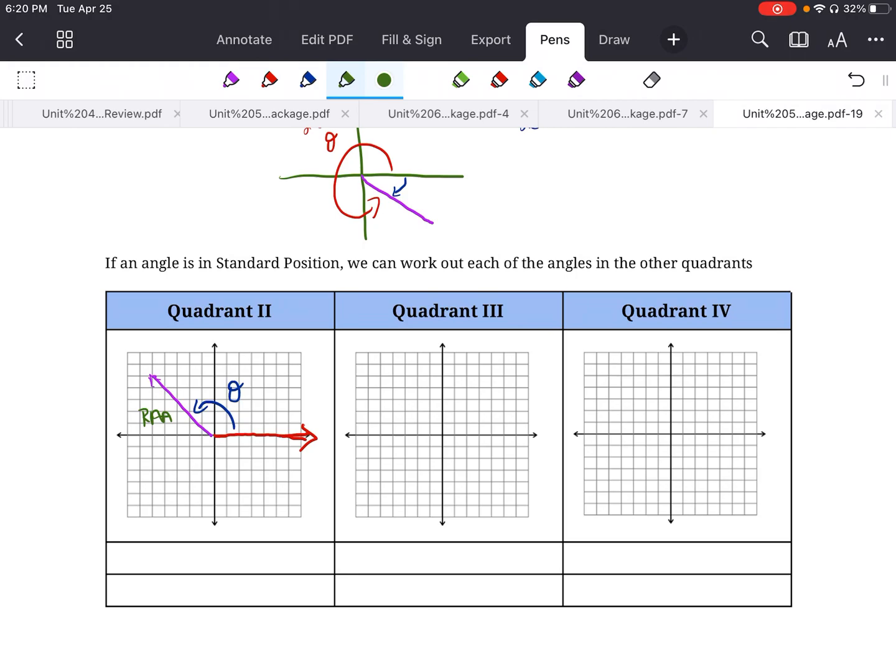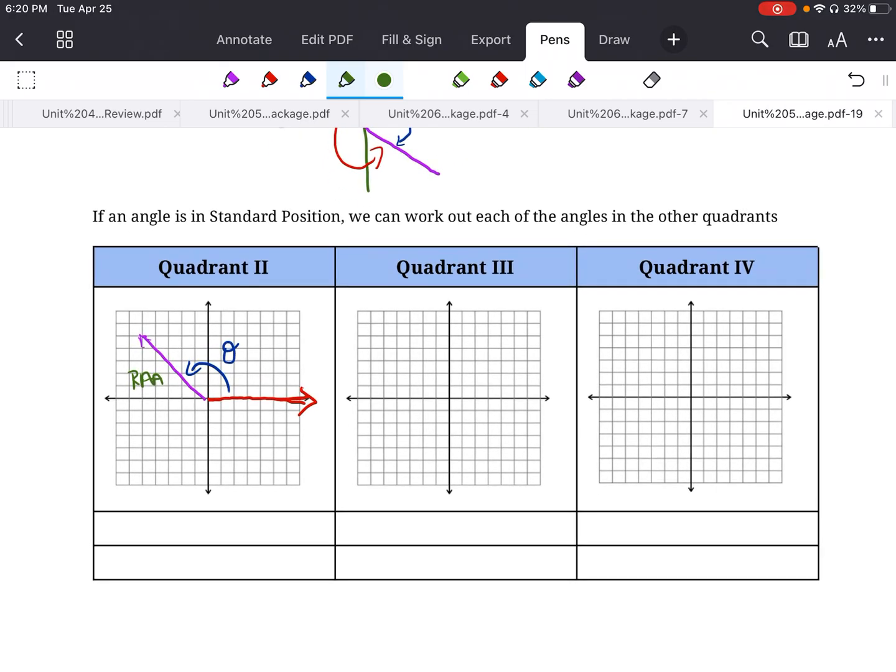The related acute angle, again, is the terminal arm to the closest x-axis. It has to be an acute angle, so between 0 and 90 degrees. If your terminal arm is in quadrant 2, we can solve for the related acute angle through 180 degrees minus the terminal arm. We can also solve for the terminal arm if we know the related acute angle by 180 degrees minus the related acute angle.